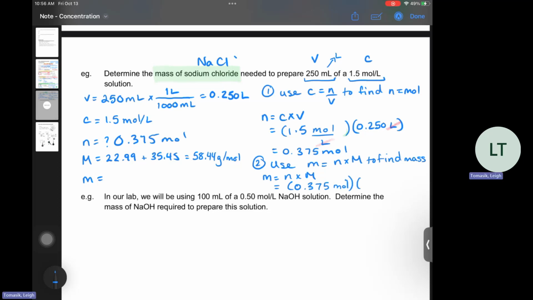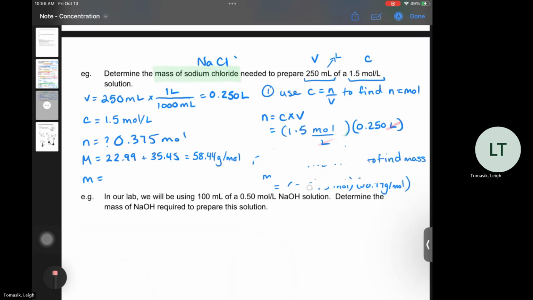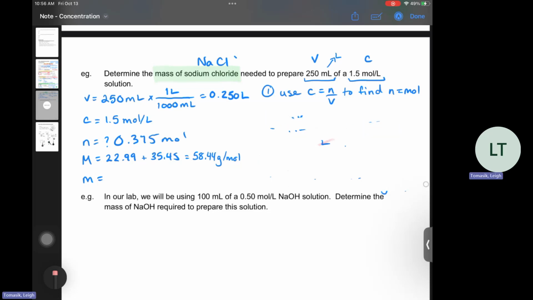We multiply it by the molar mass, which is 58.44 grams per mole. And I've run out of room. Okay, hold on one second. We're going to make everything just a little bit tighter so we can fit everything in.